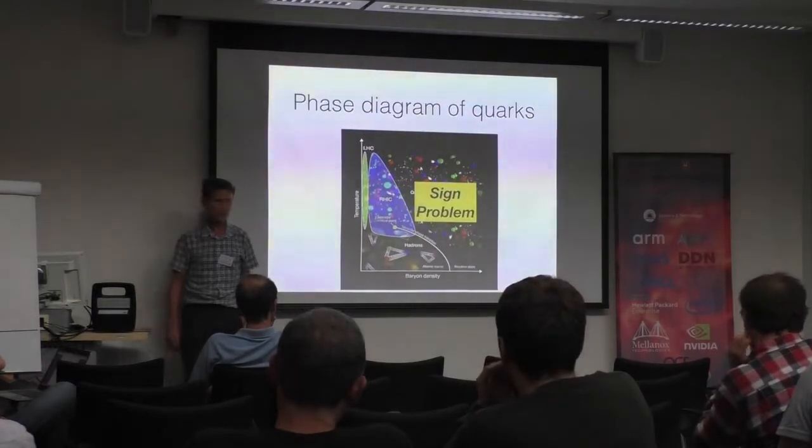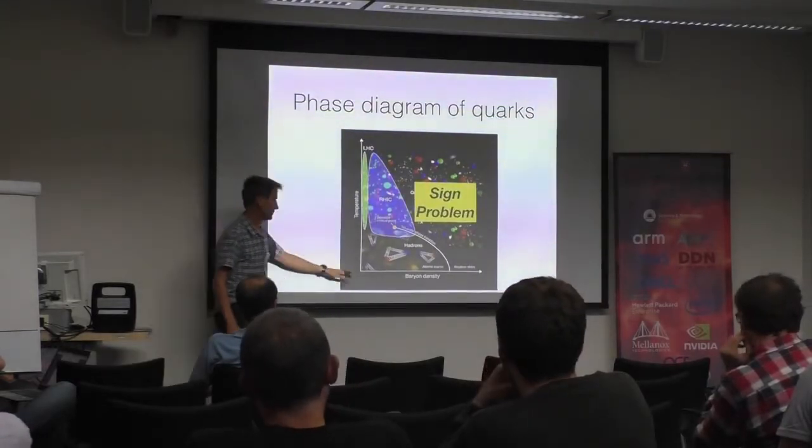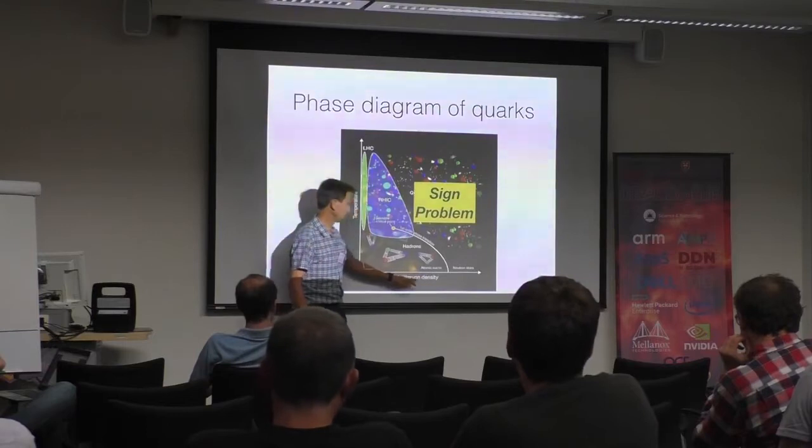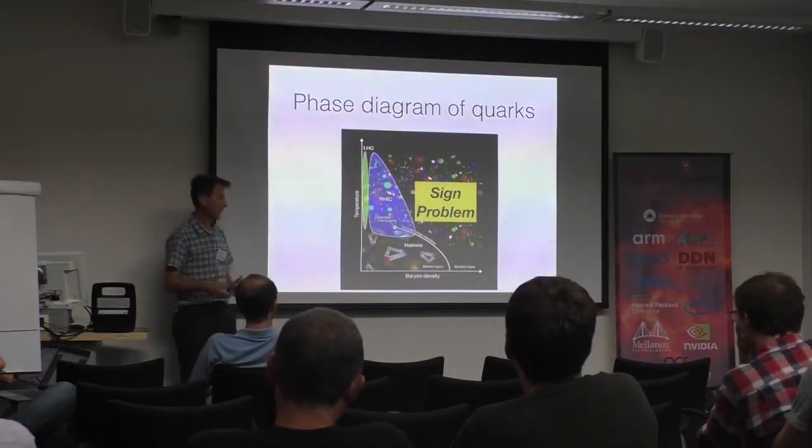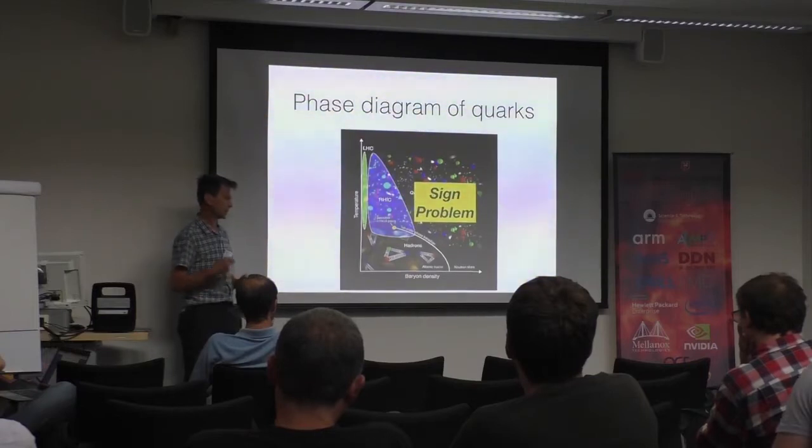Why hasn't it? Well, there's a famous sign problem. So when you go out to non-zero baryon density, or strictly speaking, non-zero chemical potential, our standard lattice approach, which is a Markov chain and an accept-reject Monte Carlo approach, relies on a probability interpretation of what's going on.